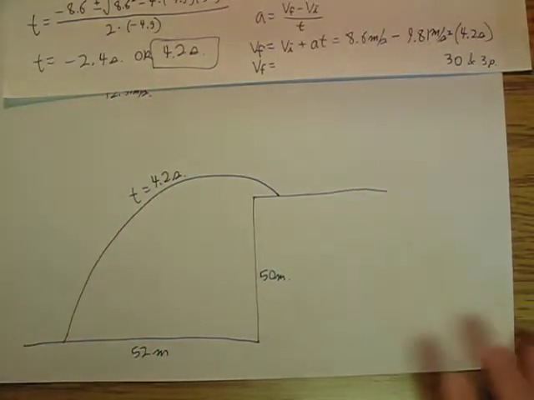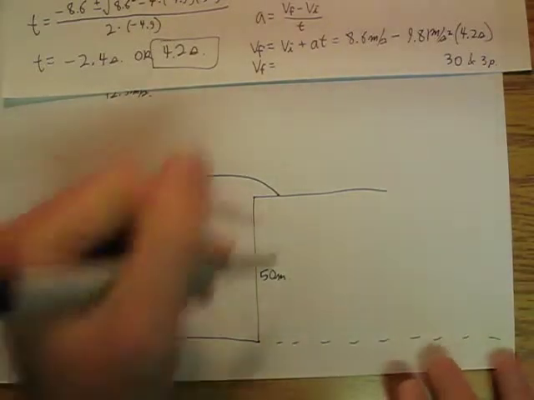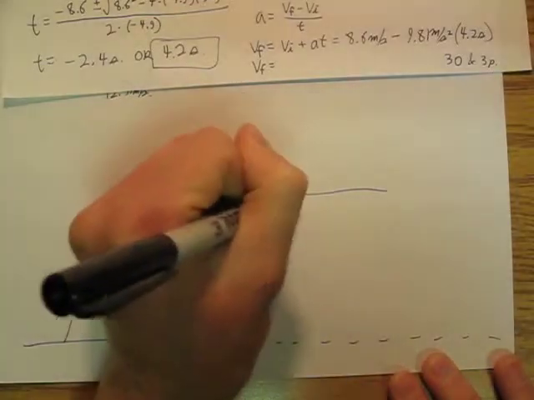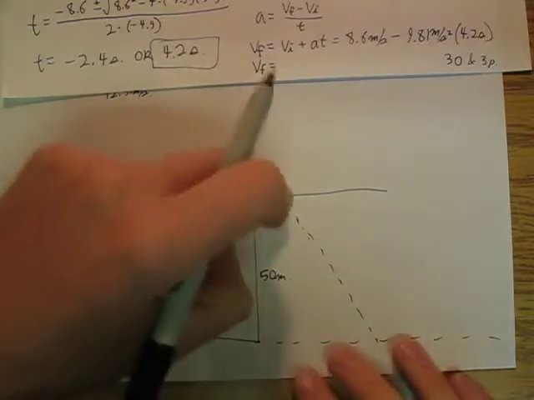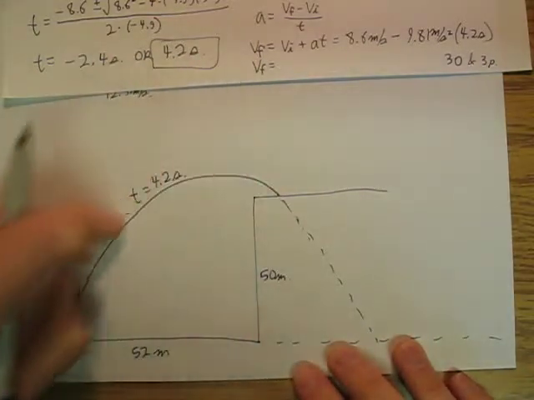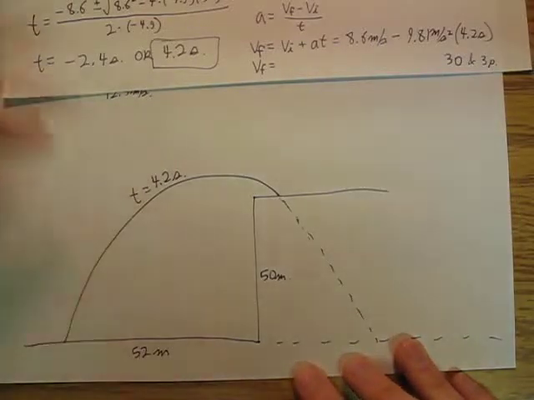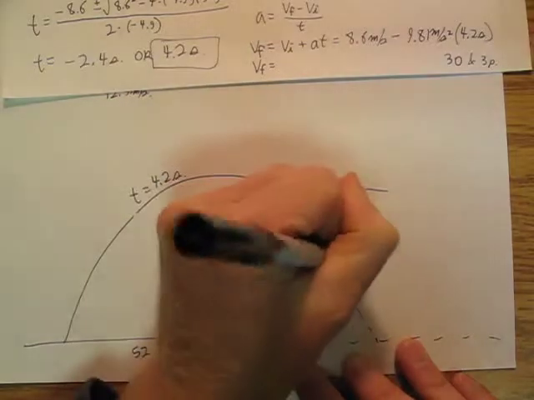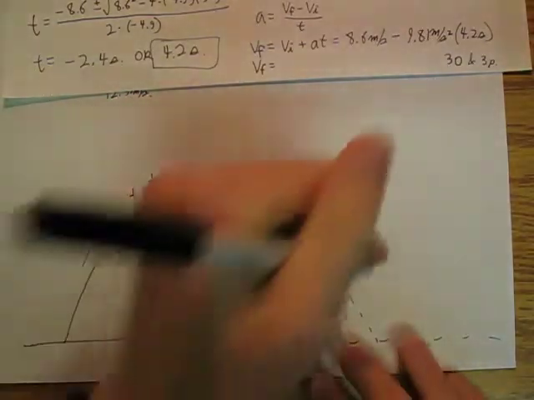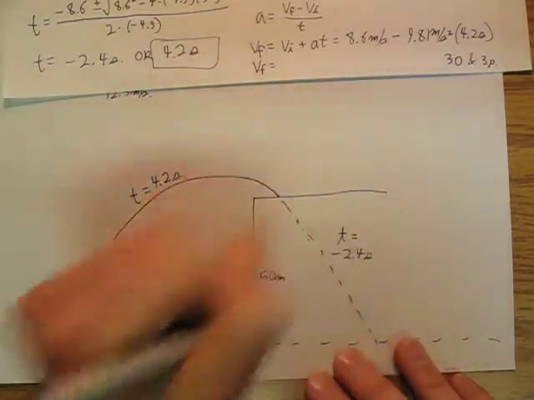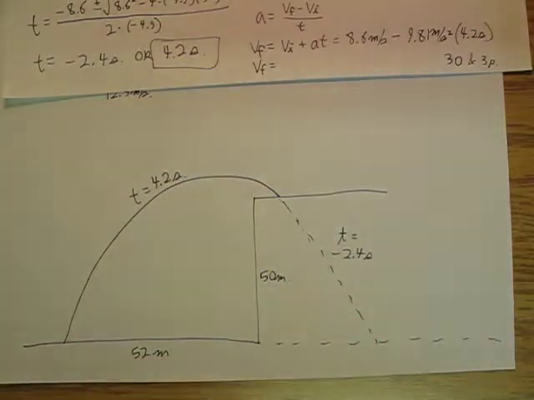But this is a part of a parabola. So we can extend this back, sort of imaginary in time, like this. And so this is what the ball actually did, 4.2 seconds this way. But when we calculated the negative 2.4 seconds here, that's this part that didn't happen over here. That's the completion of the parabola, sort of, that never happened.